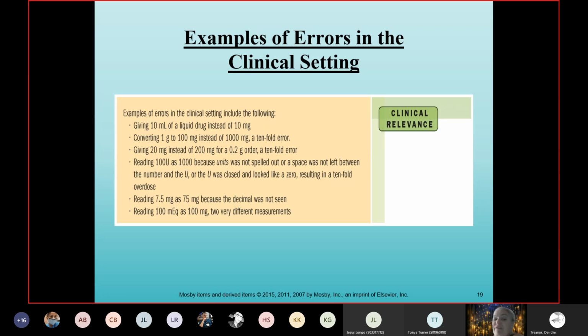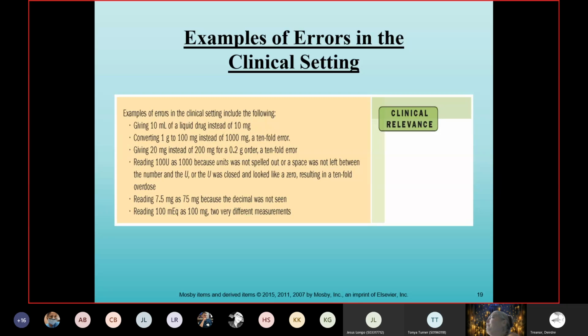Again, another 10-fold error. Reading 100U as 1,000 because units was not spelled out or a space was not left between the number and the U, or the U was closed and looked like a 0. Again, a 10-fold overdose. That's why we don't use the abbreviation U, you write out units.